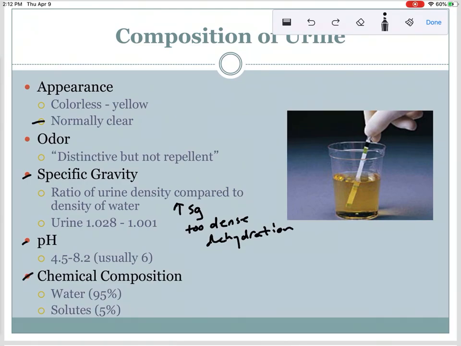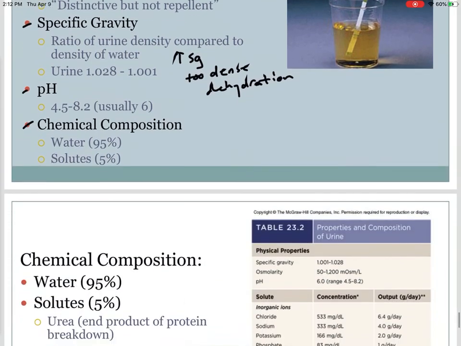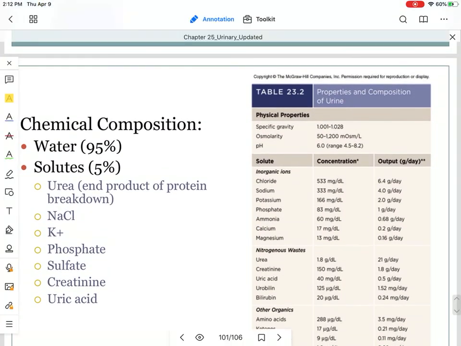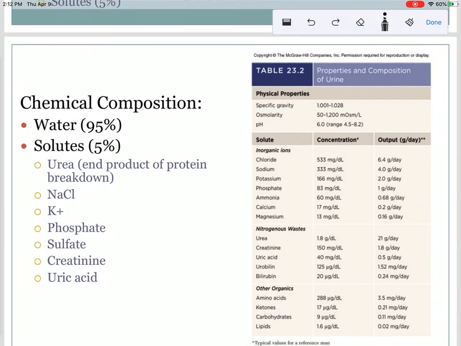And you should review the chemical composition. Healthy urine should be about 95% water and only 5% solute. Of the solutes, the highest amount of solute you'll have is urea, which is an end product of protein breakdown.